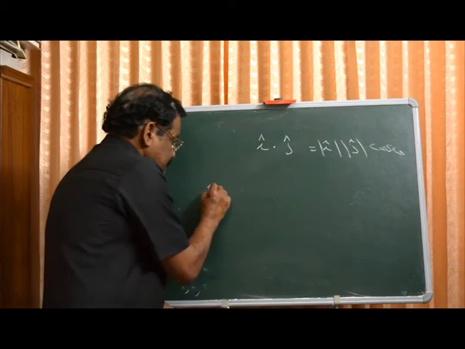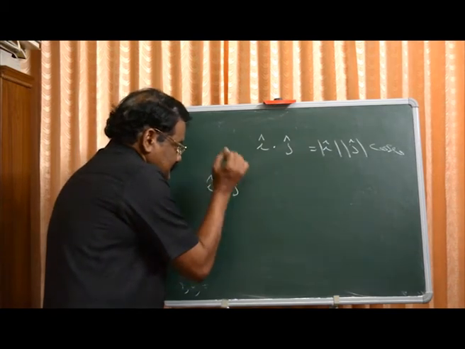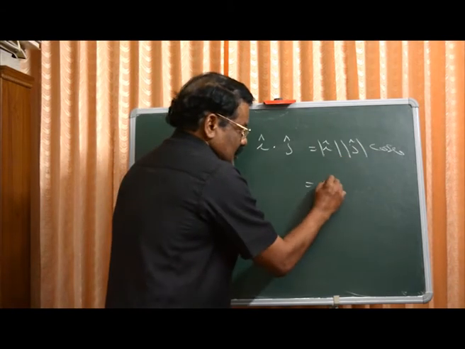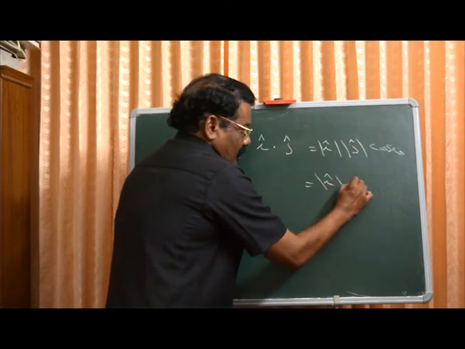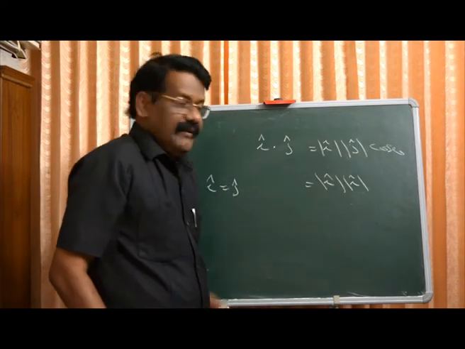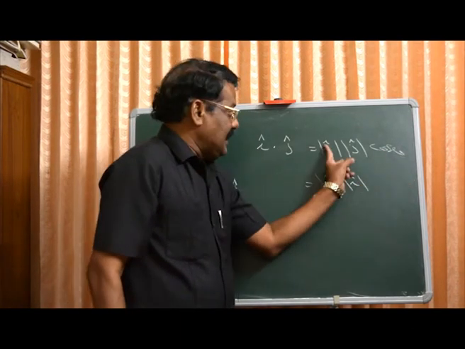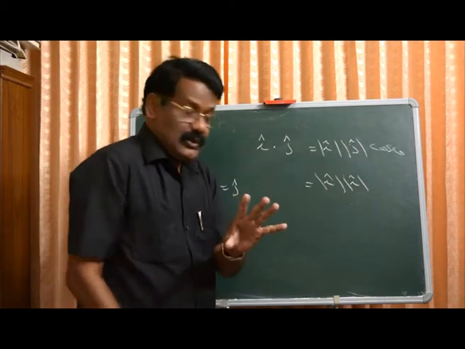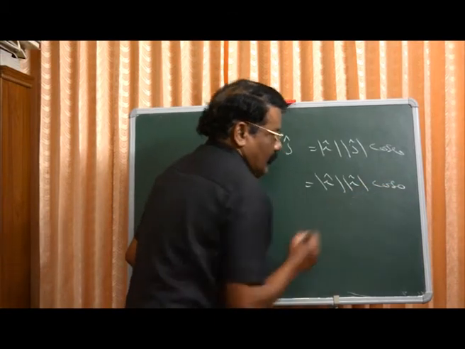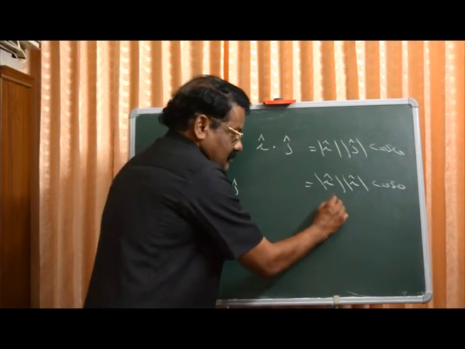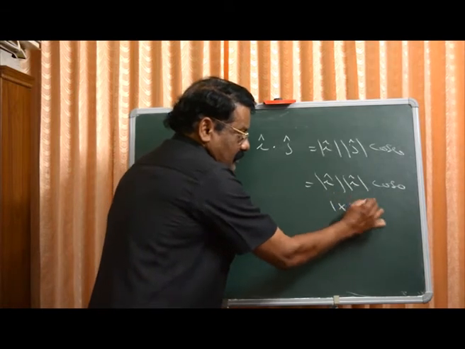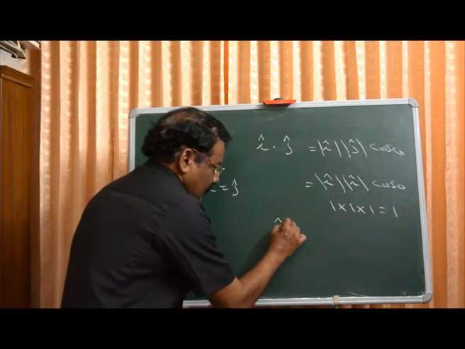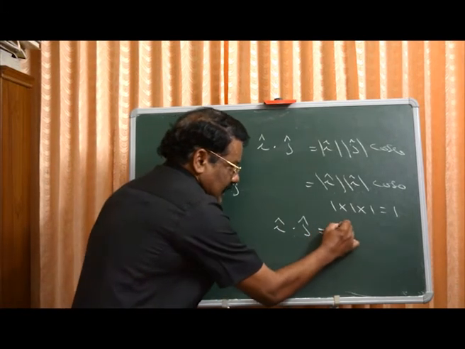Suppose i is equal to j. So mod i times mod i times cosine of the angle between i and i. Here theta is the angle between i and i. The angle between i and i is 0. So cos 0. Mod i is 1. Cos 0 is 1. So this is equal to 1. So I can very well write i dot j is equal to 1.